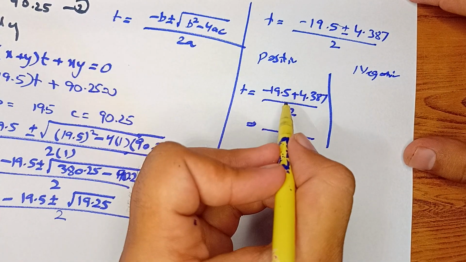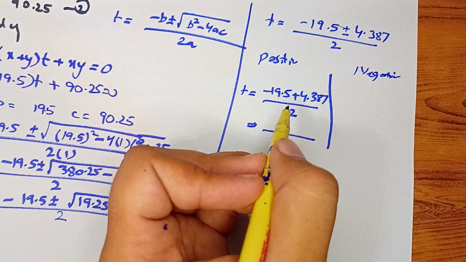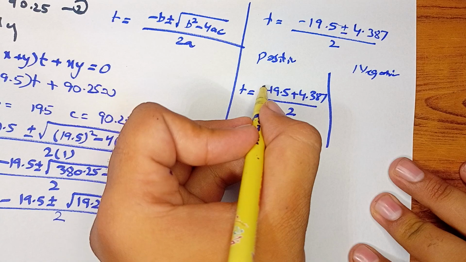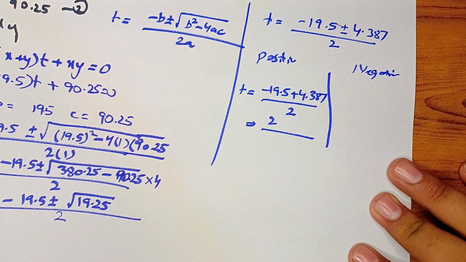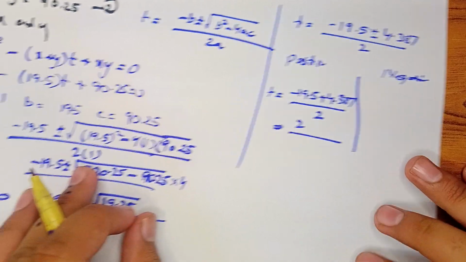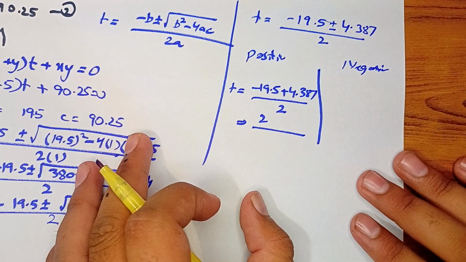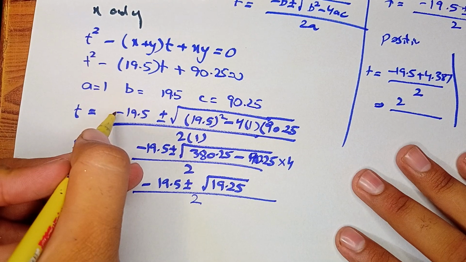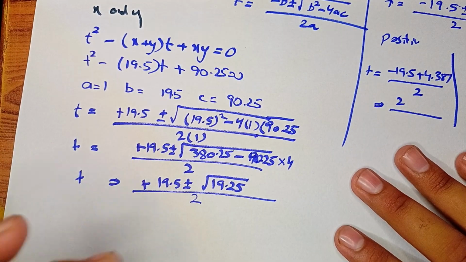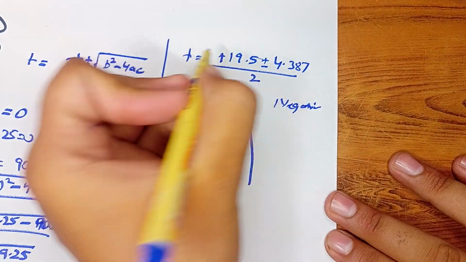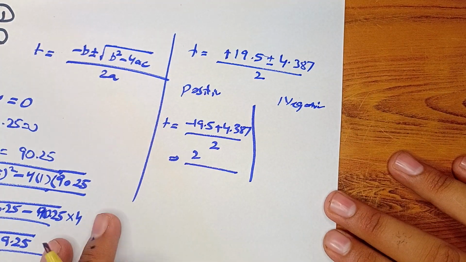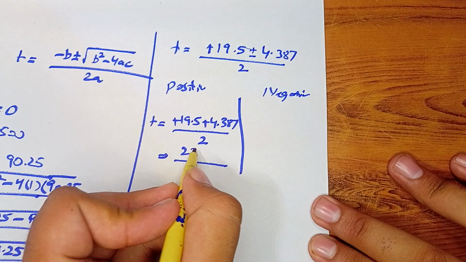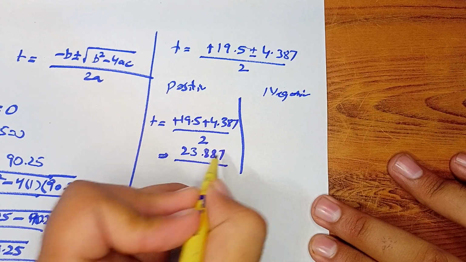So the positive value of t is 23.887 divided by 2.